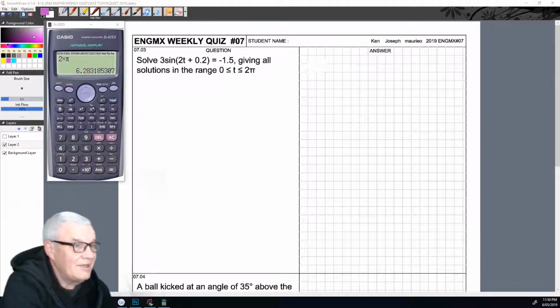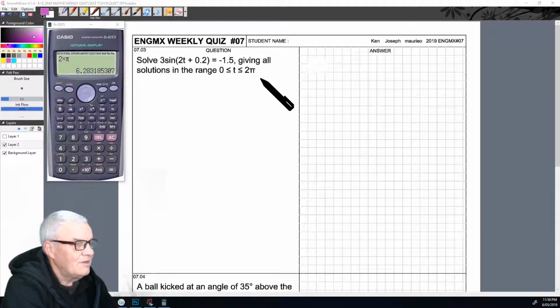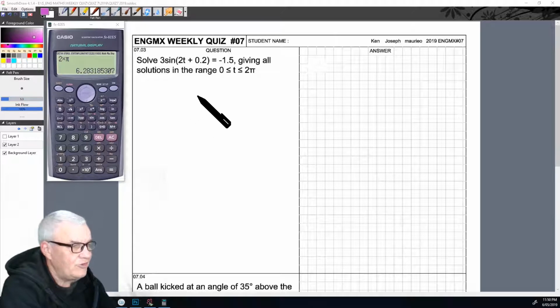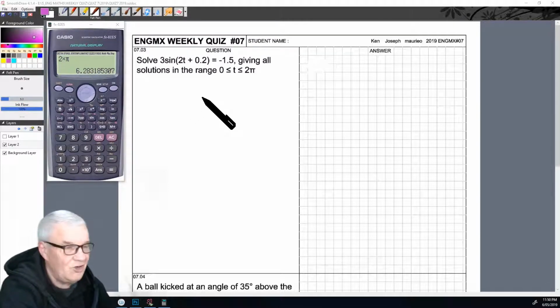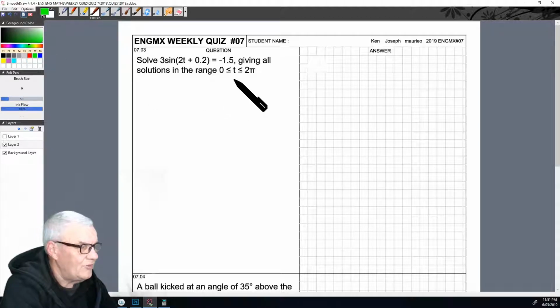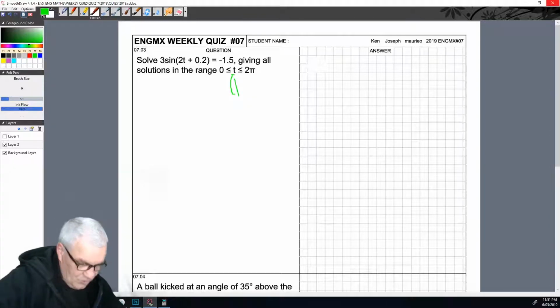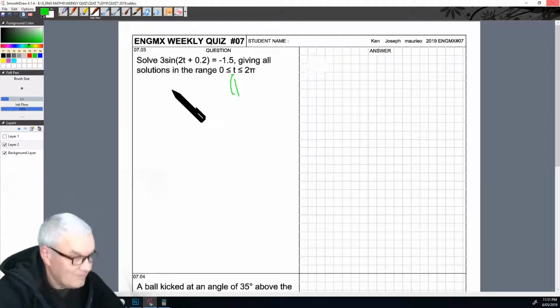Hello, I'm back, and we're going to do question 3. Now, before we start question 3, I seem to have got this big pen here. I don't know where I've got it from, but anyway, I think it's probably all right. Just to make it perfectly clear, for this one we were dealing in radians, and I should be using the pen, not the mouse.